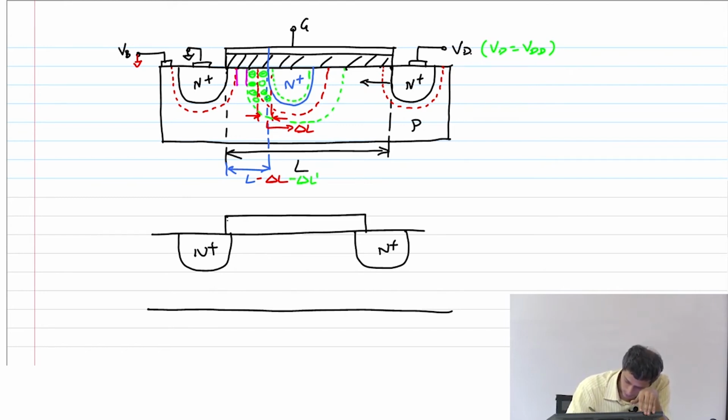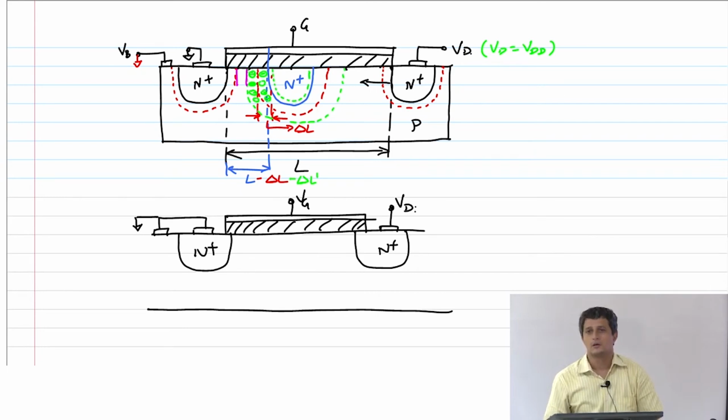Now I have my oxide, source is grounded, body also is grounded for my experiment here, gate potential and drain potential. VD is connected to N plus, this is P, okay, body is connected to ground, which means that is actually a reverse bias PN junction.